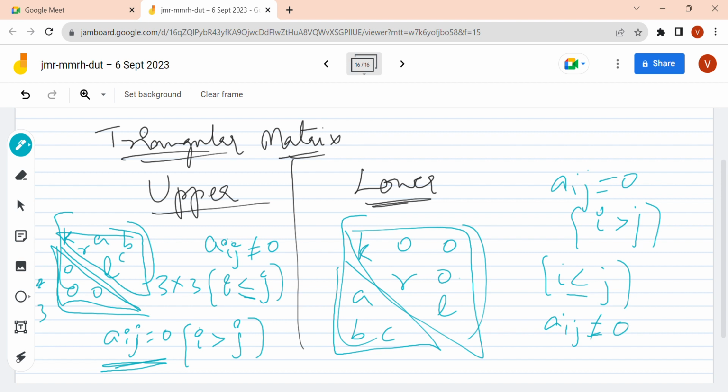Sorry, I made a mistake. No, it's correct one. For i greater than j, the elements are not equal to 0. For i less than j, there is a small mistake here, the elements are equal to 0. Got it? I hope it's very clear to you. If you have any doubts, you can ask in the comment section. So please take a screenshot of it.